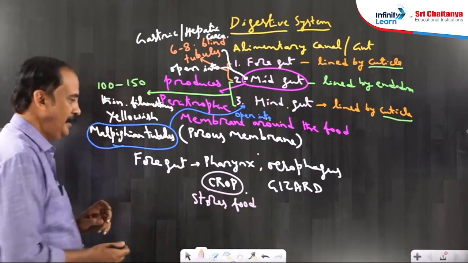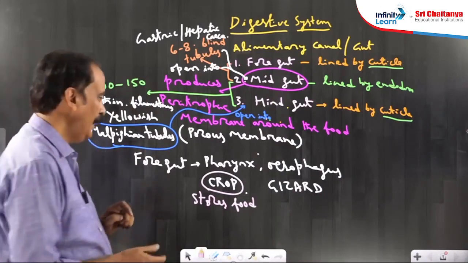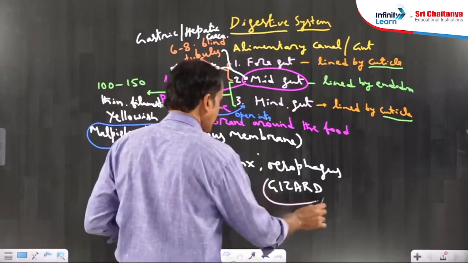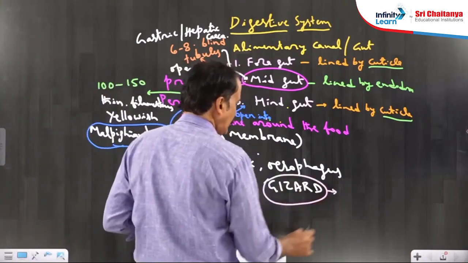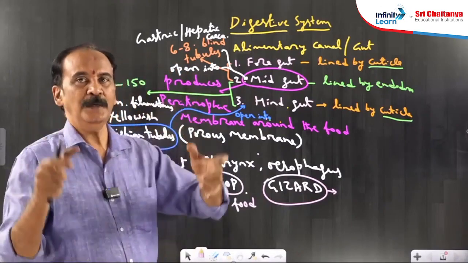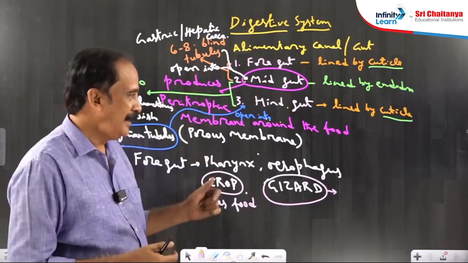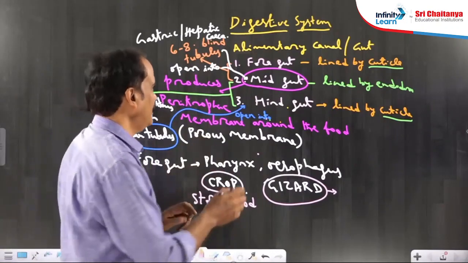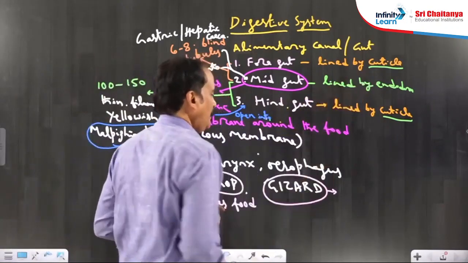The food material is temporarily stored in the crop, and the gizzard in cockroach is highly muscular. The outer layer is provided with strong muscles, and the inner layer has cuticle. As I said, the foregut has a lining of cuticle.